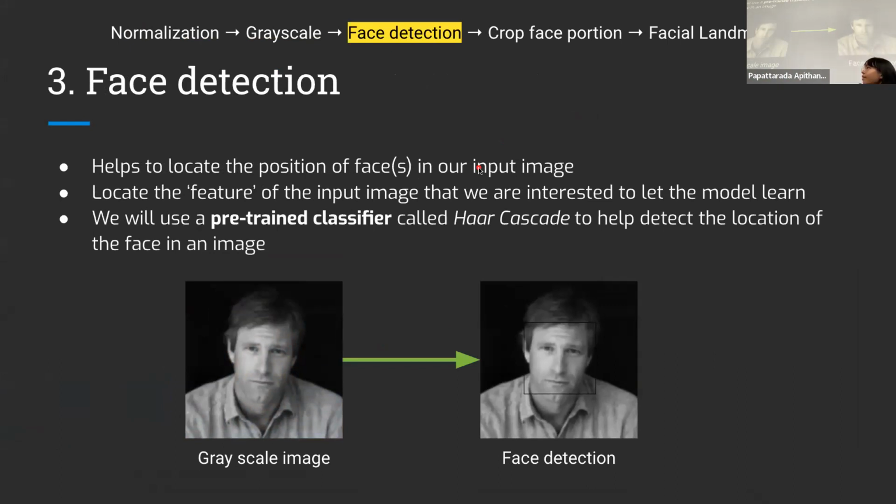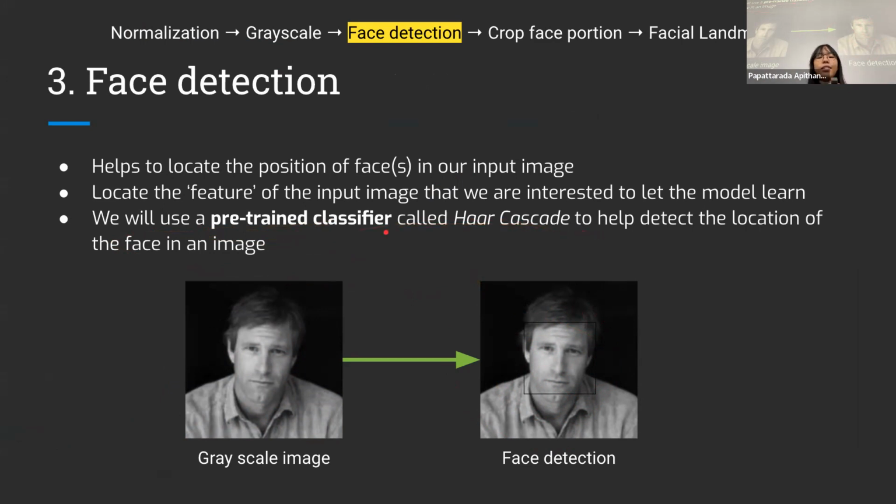All right, so after converting to grayscale, what we are going to do is detect the location of the face, because we are preprocessing our images for our facial recognition task. So we want to detect the location of the face. For this, we are going to use something called a pre-trained classifier.